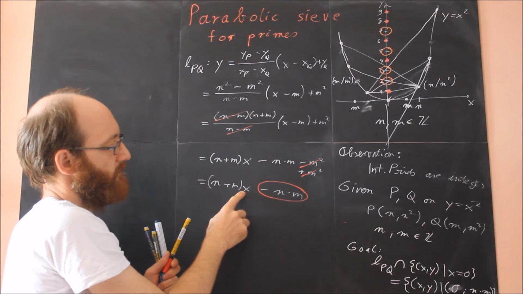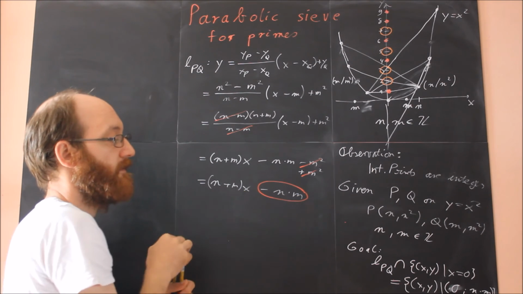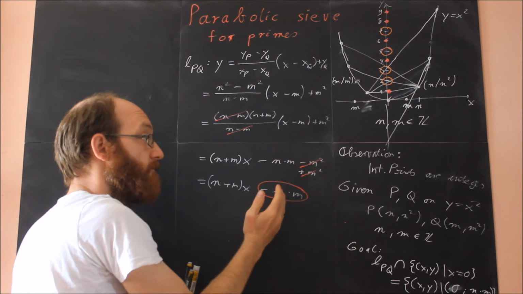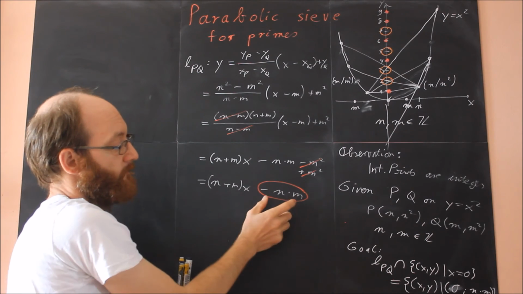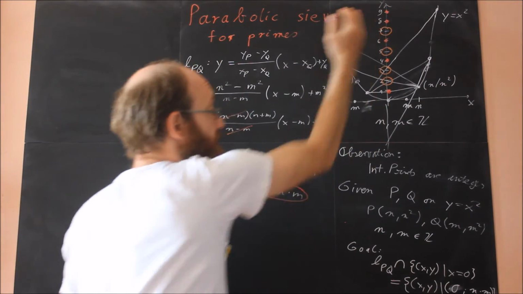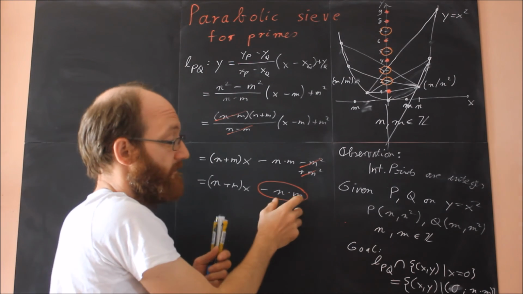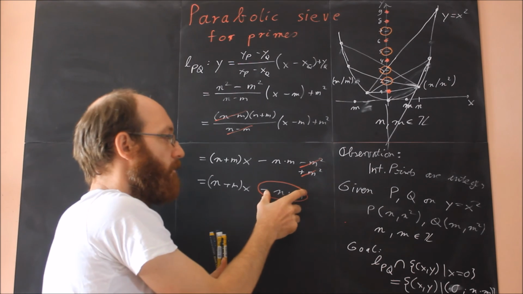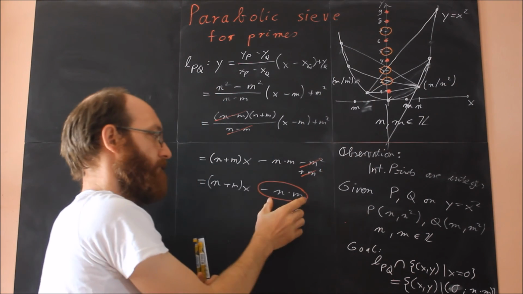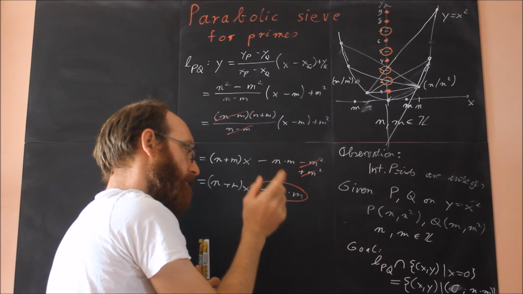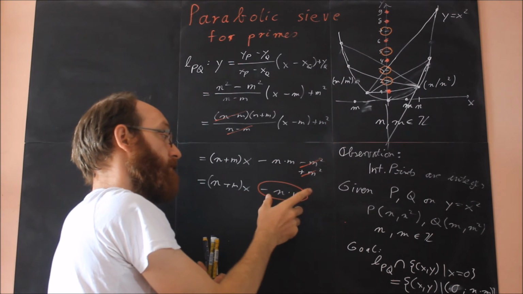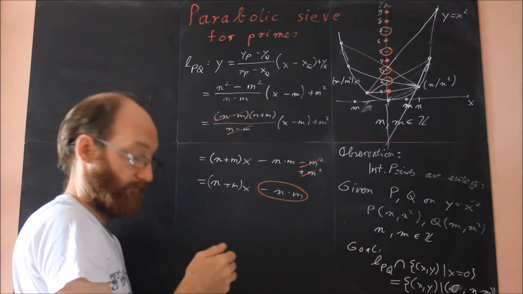So if we plug in x equals 0, we get this part, and we see if we take m positive and n, for example, negative or vice versa, this product becomes positive, so we are on the positive y-axis. And we see here, because n and m are integers, we only get points on the y-axis at values which are composite.